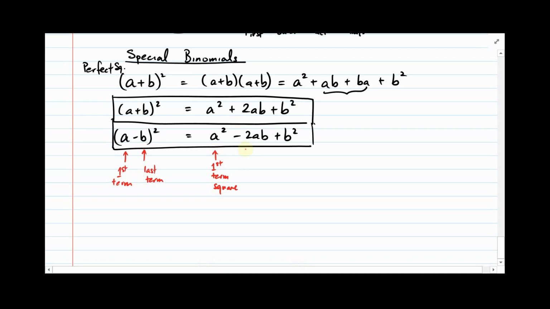Don't worry about the signs yet. The pattern is that that middle term is twice the mixed product, and then that last term is squared.